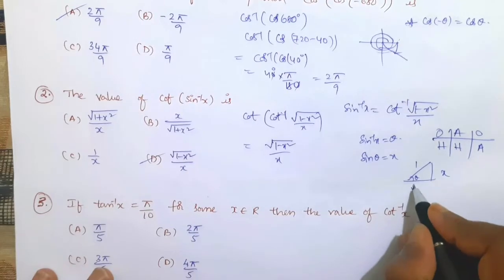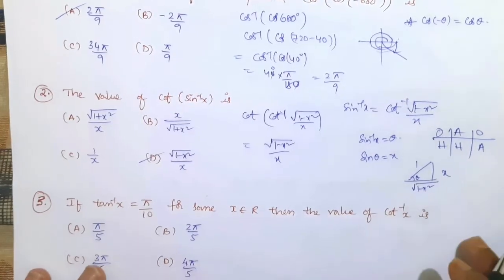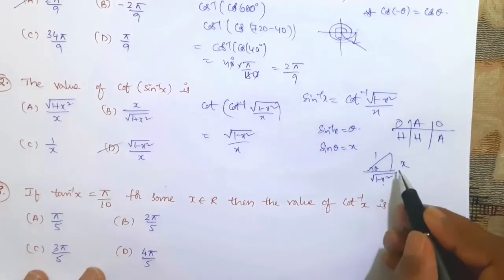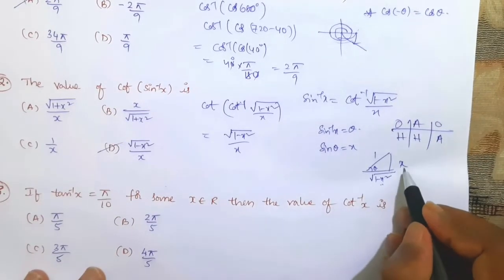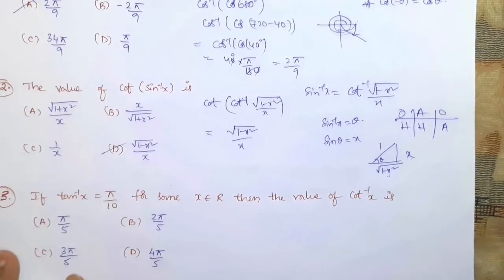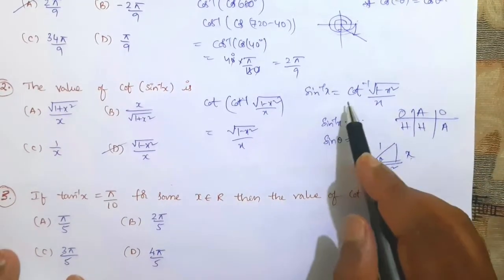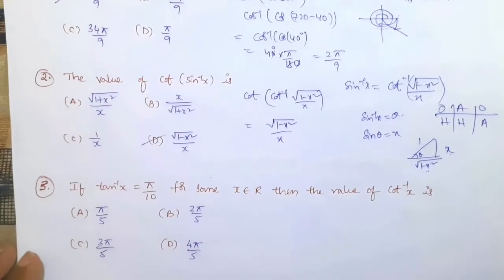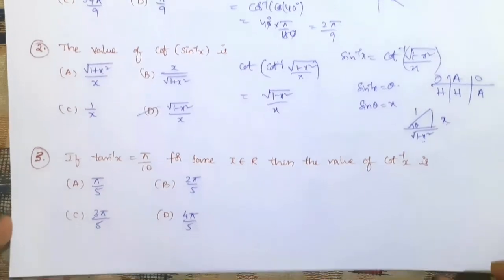Obviously this value will be root 1 minus x square. As we need cot, that is adjacent by opposite, root 1 minus x square by x. We can simplify like that too, but if you remember the direct formula, you can get the value. That's why those properties are very, very important.